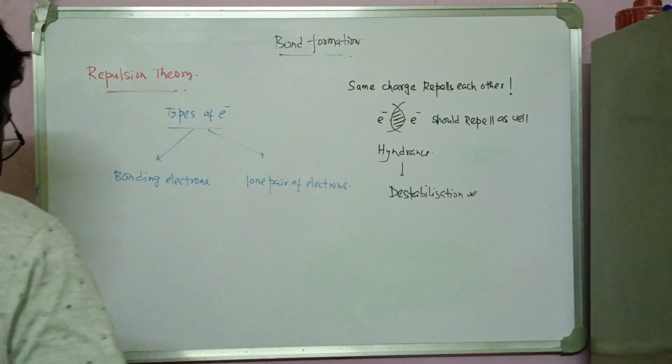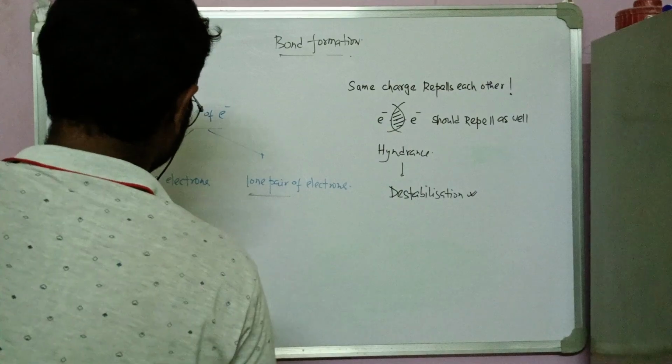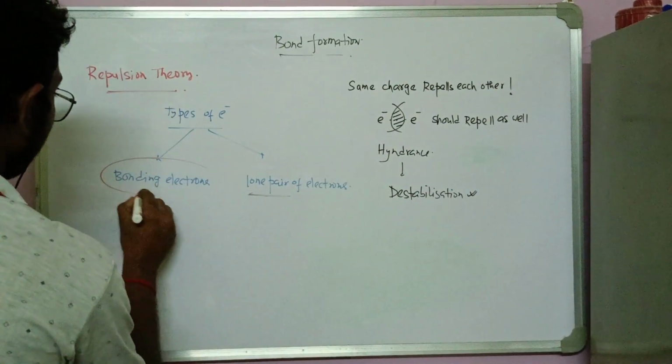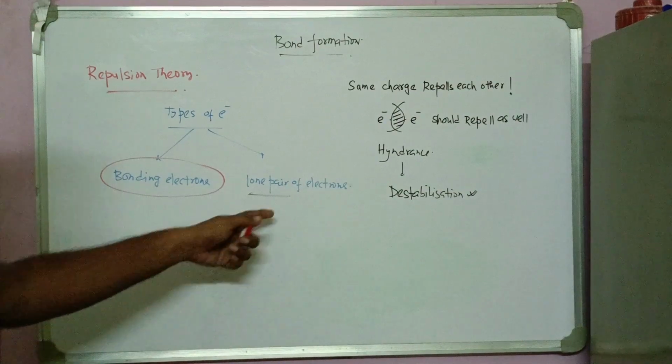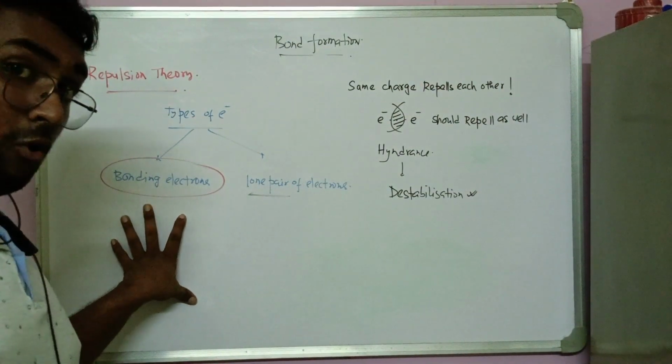Because they don't have any partner, they are alone, while the other electrons found their partner to form the bond. So these are called lone pairs of electrons, and these are called bonding electrons.